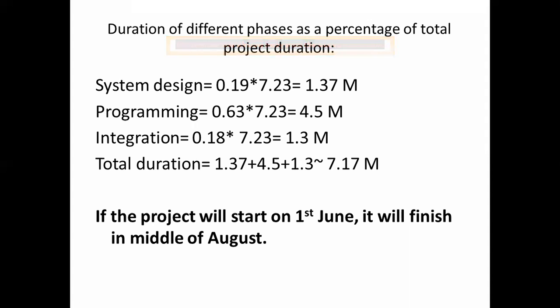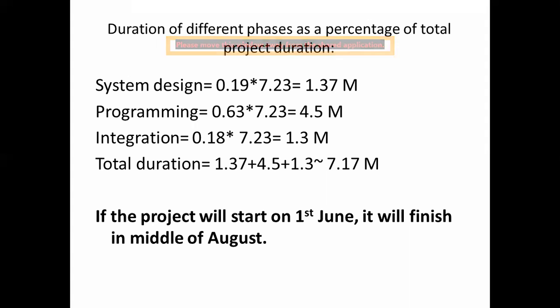Then 0.19 into 7.23, 0.63 into 7.23, 0.18 into 7.23. So it will come 1.37, 4.5, 1.3 months. This is called the phase-wise distribution of duration.